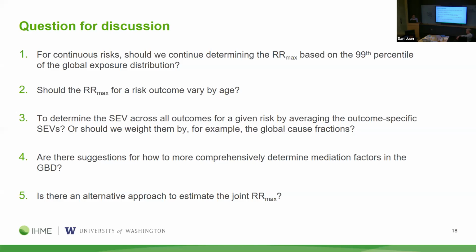What's the model currently? It's the logit difference in the overall compared to the risk outcome. And that works? Sort of. For individual risks, not too bad. But I guess the question is, do you need a model if it's really just mostly driven by the value of the RR max?